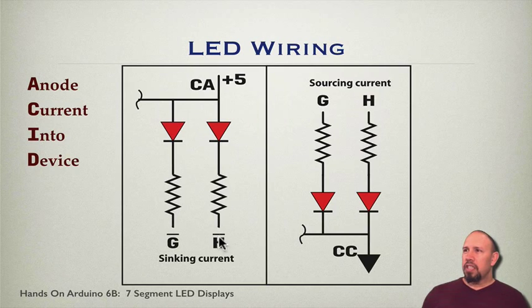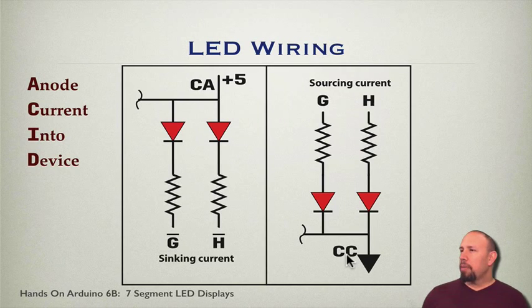Since this side needs to be ground, this light is activated by the Arduino pin active low. That is, when this is a 0 or a ground, then you get the current flowing. So it's active low as opposed to active high.